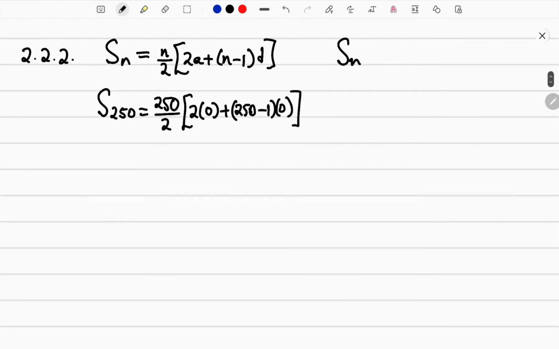We're going to have 125 into 0. So the answer will just be 0. So the sum of 250 terms of the pattern which is given by zeros will be 0.